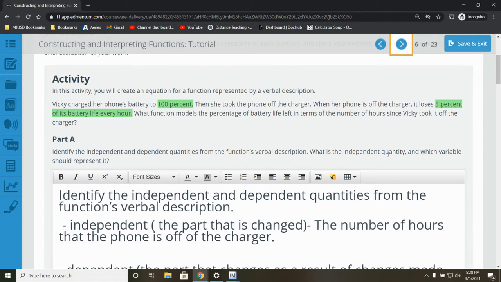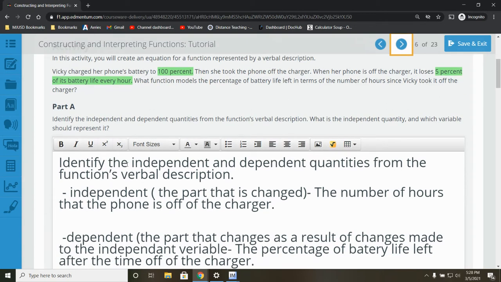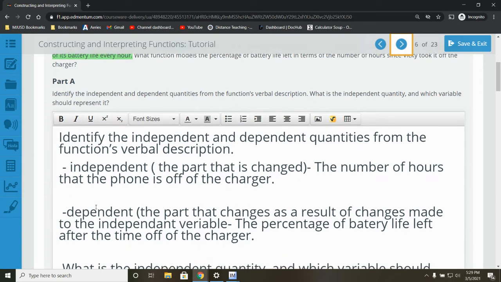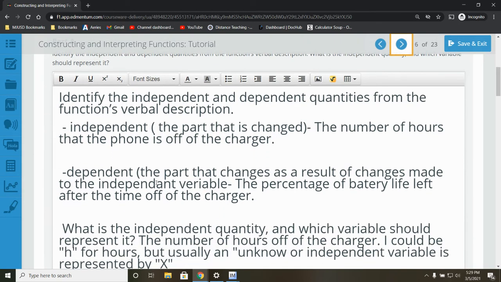What is the independent quantity and which variable should it represent? Identify the independent and dependent quantities from the function's verbal description. The independent, the part that is changed, is the number of hours that the phone is off the charger. The dependent, or the part that changes as a result of changes made by the independent variable, is the percentage of battery life after the time off the charger.